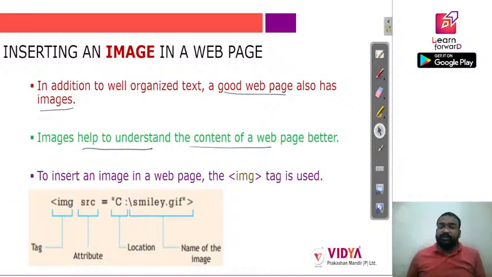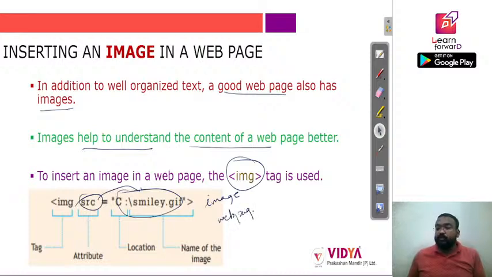If you want to insert an image in our web page, there is a tag given to us, that is the img tag. In an image tag, there is one attribute, src. This attribute will contain the URL of your image. I told you earlier as well that if your image and web page are both at the same location, then you don't need to provide the full path.